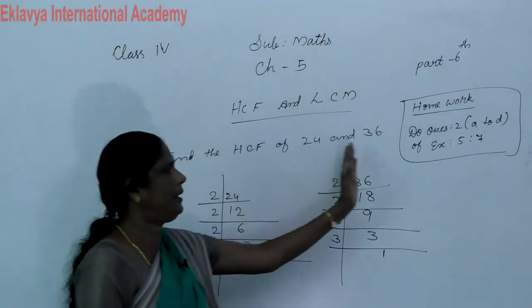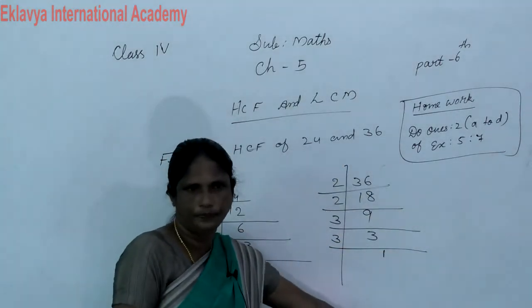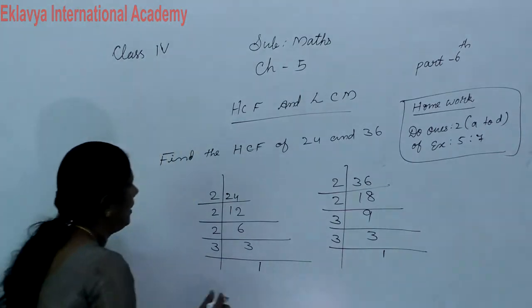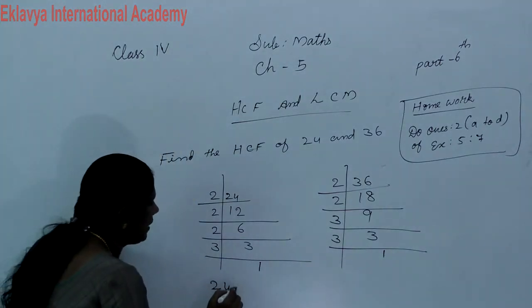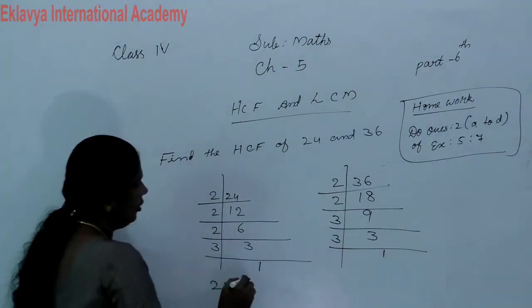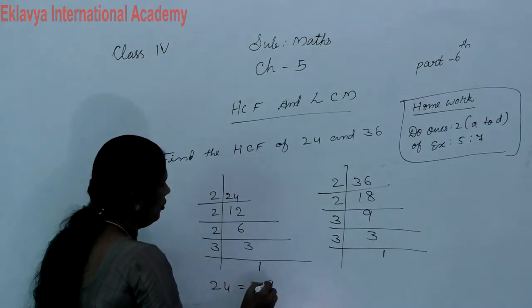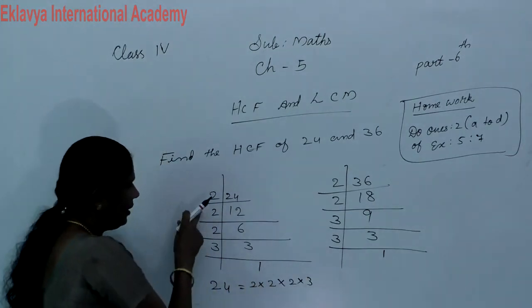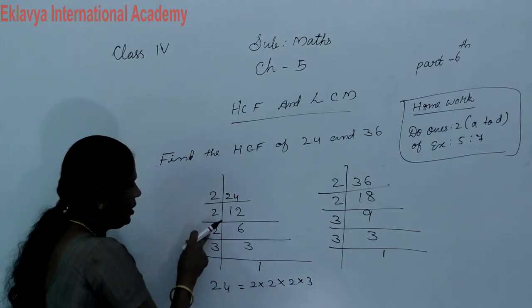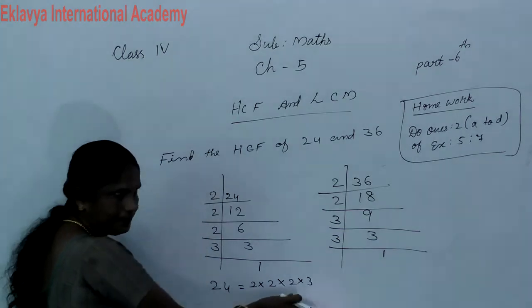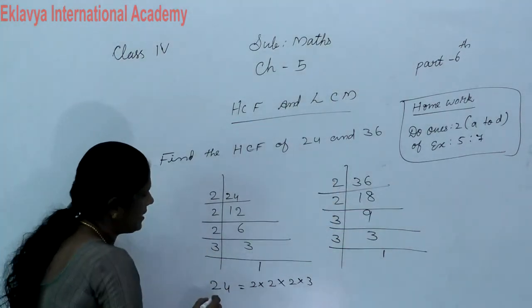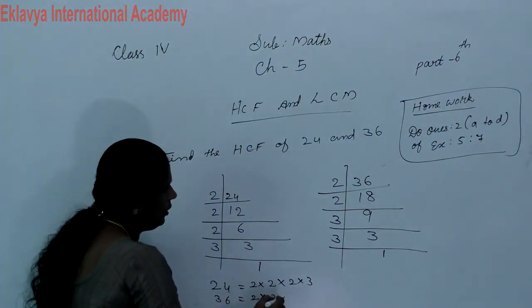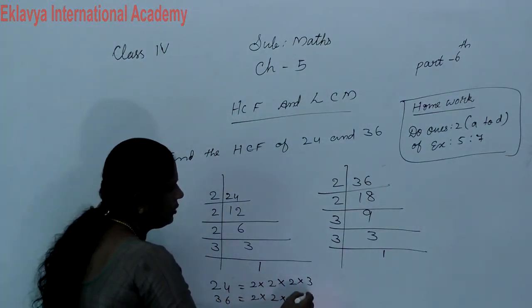First we find the prime factor section. Now the next step. 24 is equal to 2 into 2 into 2 into 3. Again, 36 is equal to 2 into 2 into 3 into 3.